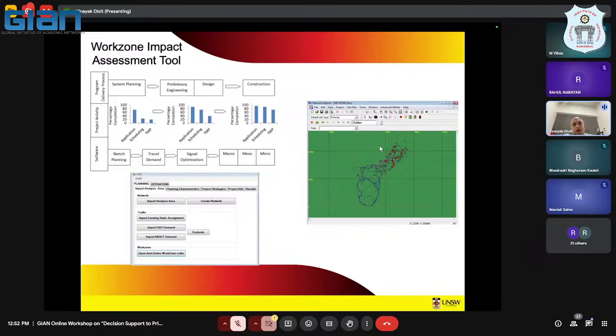So I'll give you an example around one of the tools that we had developed for the US Department of Transport, which was called the Work Zone Impact Assessment Tool. The problem we were trying to solve was that you see this in India all the time, but also here in Australia, there's always some construction happening on those roads.